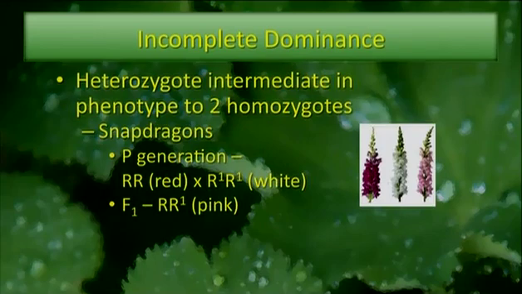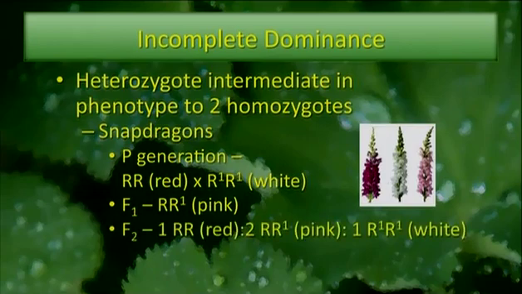Now in the case of incomplete dominance, the F2, if you take this F1 plant and you self it or you sib it, you will get 1 red, RR, to 2 pink, RR1, to 1 R1, R1, white.